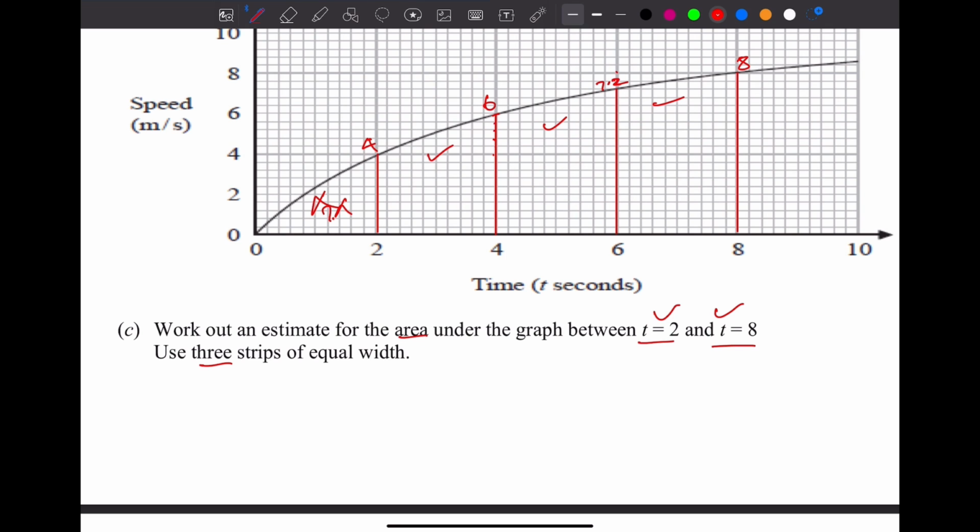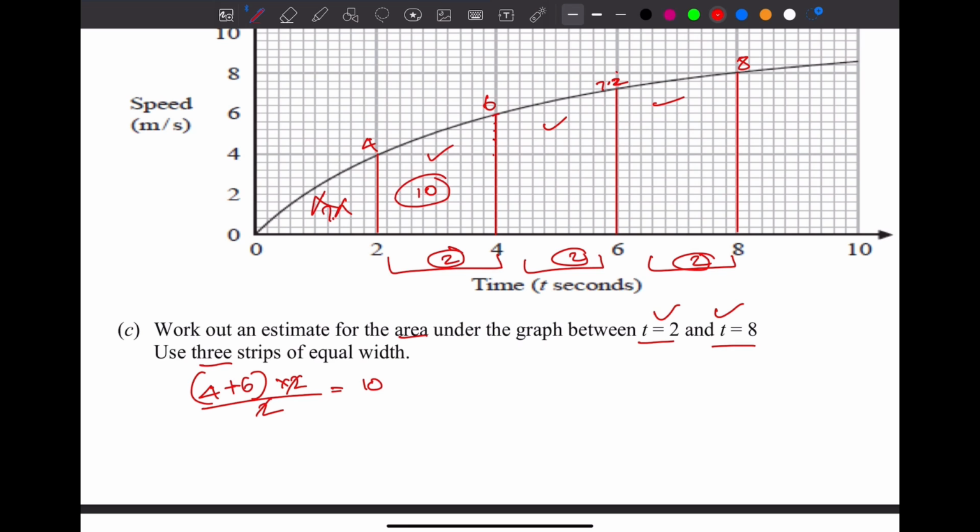Okay. So first trapezium, 4 and 6 as the parallel sides. What's the height? Here is 2. So the height is always 2. Once you work out one of the heights, everything is the same. 4 and 6 times the height 2 divided by 2, 2 can cancel, that makes 10. Next one, 6 and 7.2 times the height 2 divided by 2, that's 13.2.